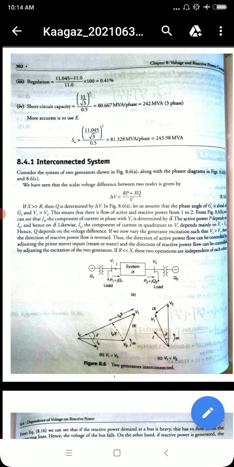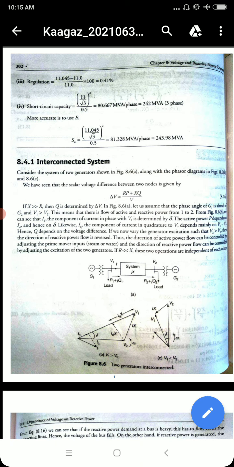Thus, the direction of the active power flow can be controlled by adjusting the prime mover input, and the direction of the reactive power flow can be controlled by adjusting the excitation of the generator. If R is very much smaller than X, these two operations are independent of each other.